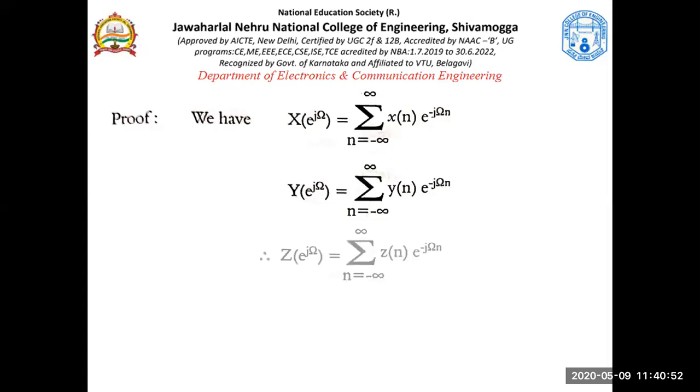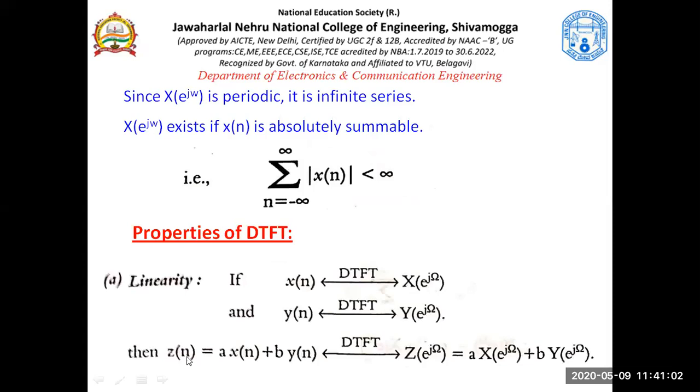Now, if we know these two are the spectra of the input signals, then consider Z of e power j omega. What is z? Why are we seeing this? See, z of n is the linear combination of the input signals. So what is z of n? It is this.